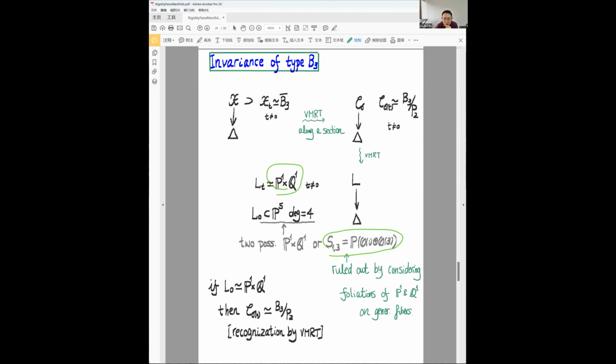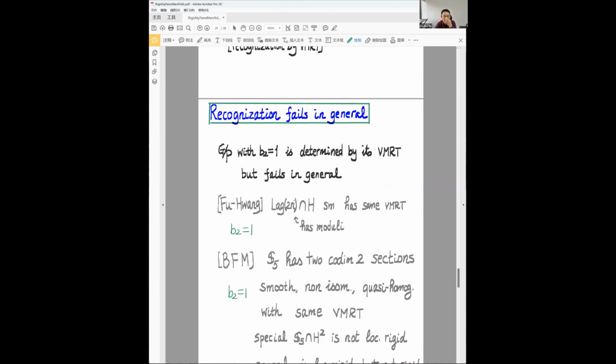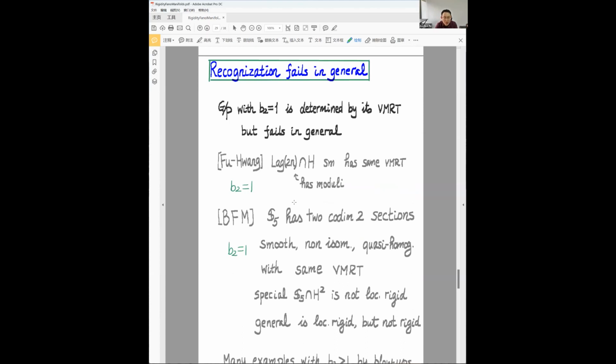And then we really do a lot of work to exclude this case, to show that this cannot happen. This is not possible. And then we use the recognition by VMRT to show this central fiber is also B3 mod P2, which means the deformation given by Behan and Batsky cannot happen in this situation. So we get the first step, to show the VMRTs are the same.